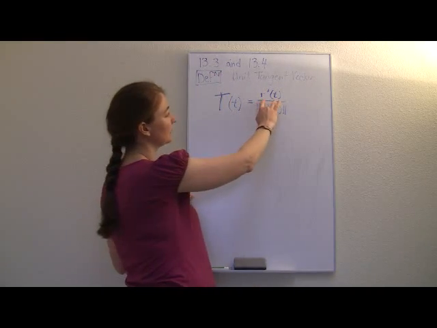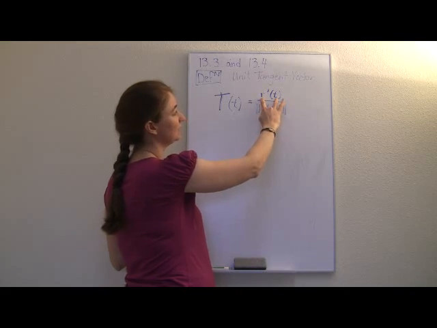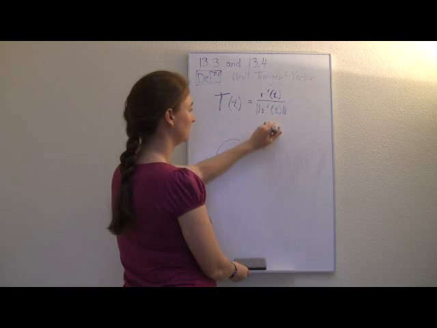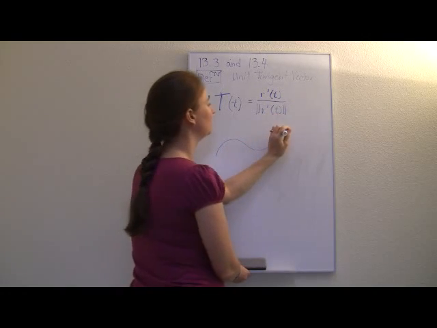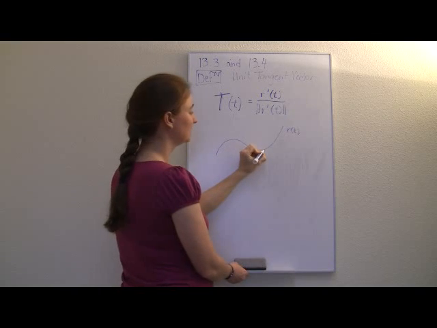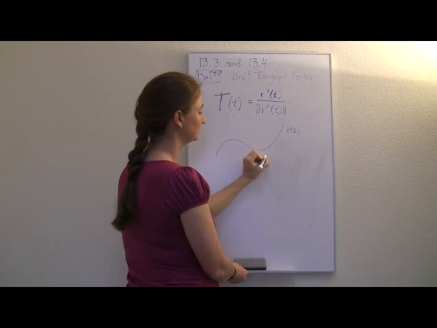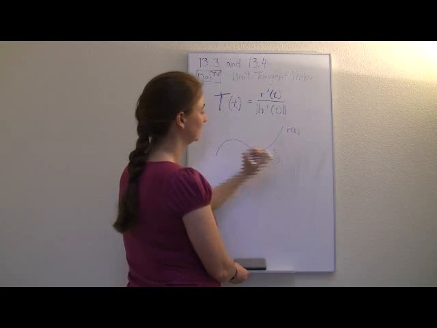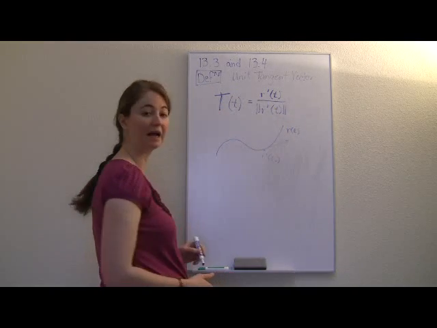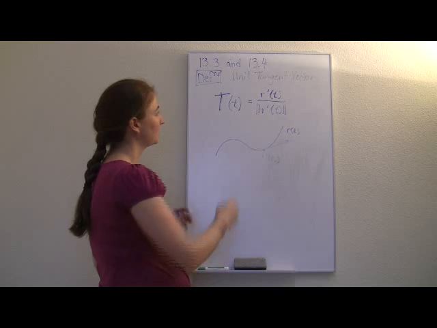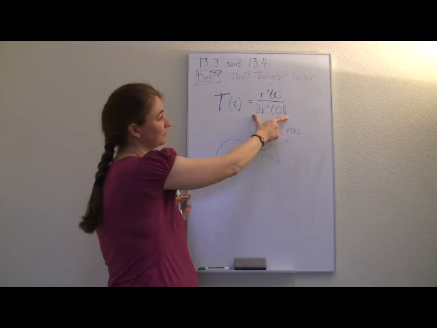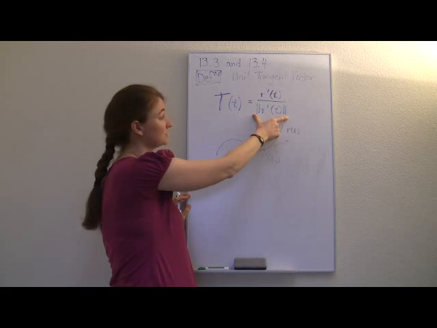So we saw last time that r prime of t is the derivative of some vector-valued function. Let's say this is the arc drawn out by a vector-valued function. R prime of t at a given point is going to be the tangent vector at that point. So that's what this piece is talking about. The magnitude of r prime of t we've talked about in real-world terms as the speed.